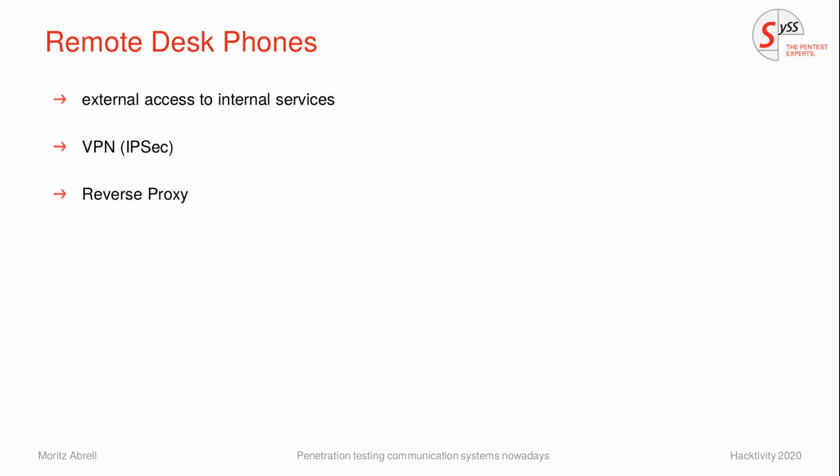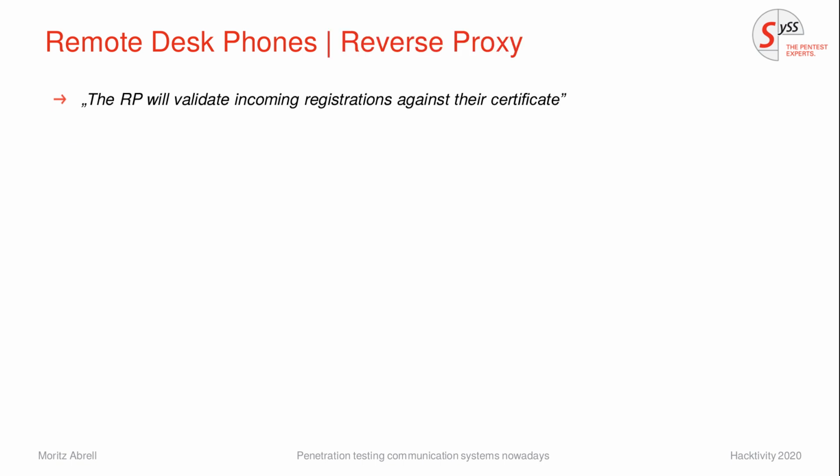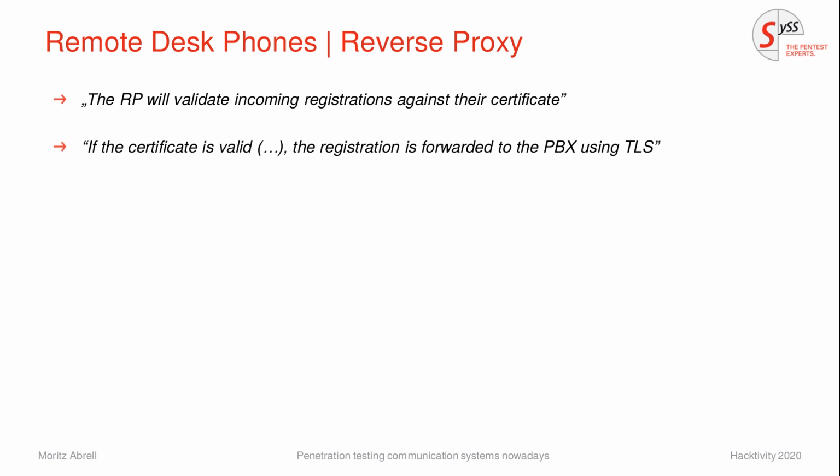Again, let's look at an extract of a documentation of such a reverse proxy for external SIP phones. The reverse proxy will validate incoming registrations against their certificate. Alright, sounds good. The next sentence is, if the certificate is valid, the registration is forwarded to the PBX using TLS.